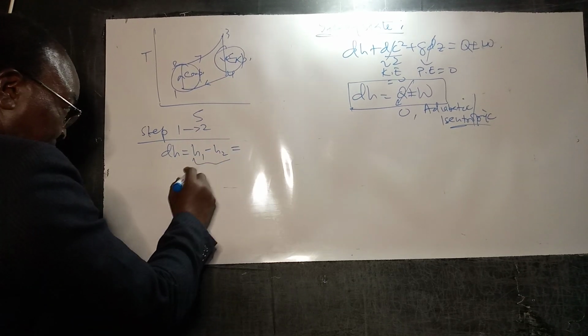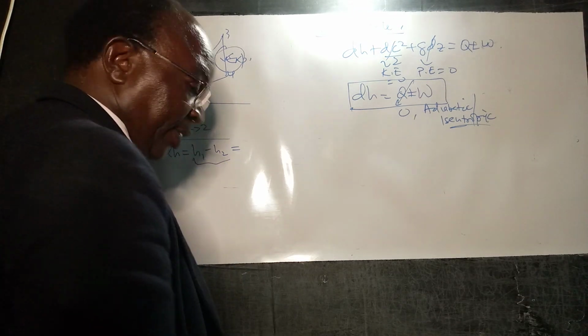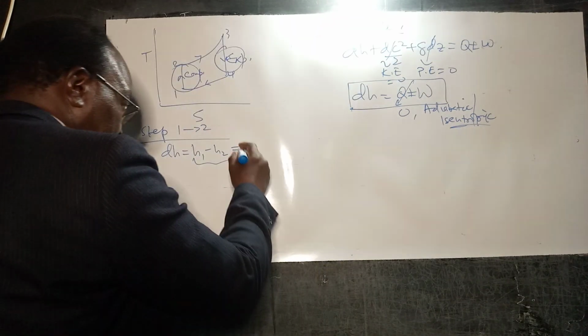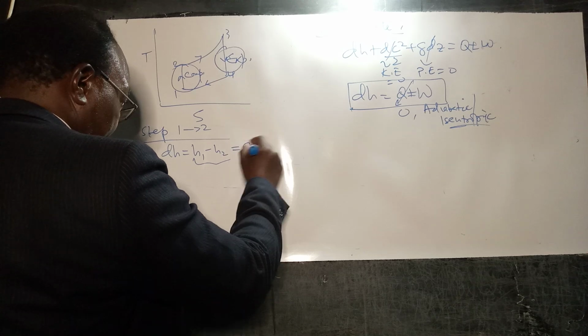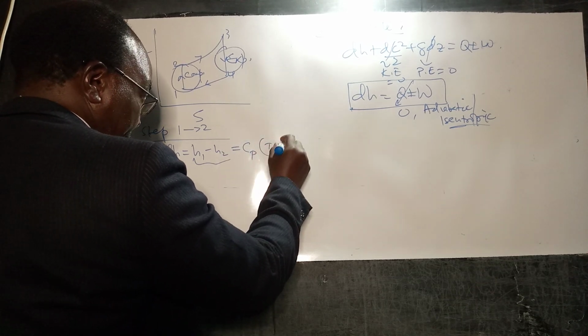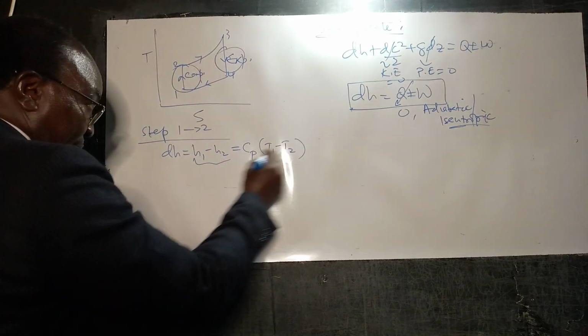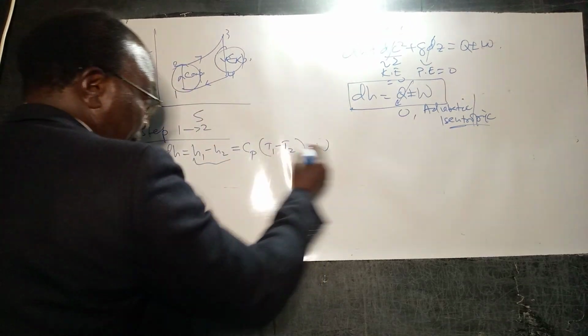And what is dH? Remember, dH is Cp dT. So it is Cp into (T1 minus T2) for the work which has been done for compression.